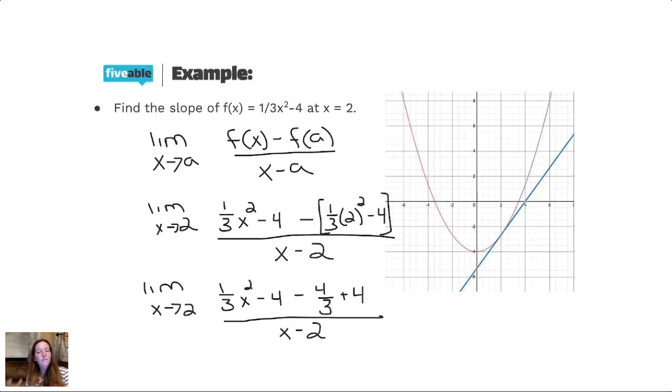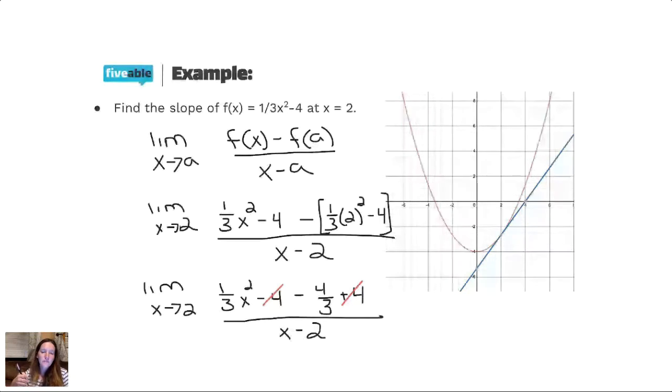Okay, so hopefully you notice that we have some things canceling here, so we can get rid of those. We have 1/3 x squared minus 4/3 all over x minus 2. So now at this point, hopefully you'd be saying, okay, it's a limit, so I should try to plug in 2 and see what happens.